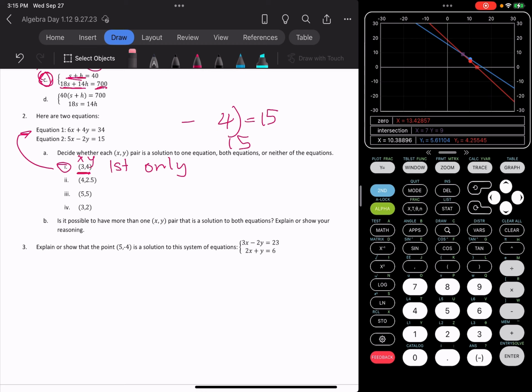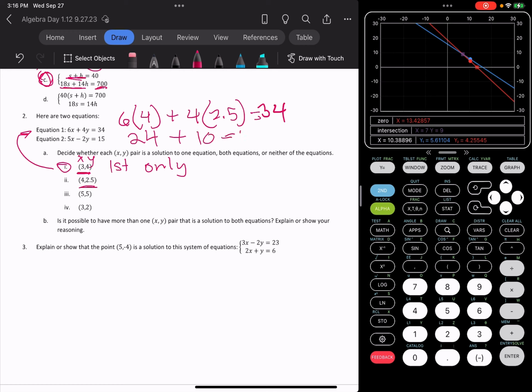So you're going to go to the next ordered pair, and you're going to go ahead and try 4 and 2.5. So 6 times 4 plus 4 times 2.5 equals 34. You'll get 6 times 4 is 24, plus 4 times 2.5 is 10, equals 34. That is true. So far the first works.